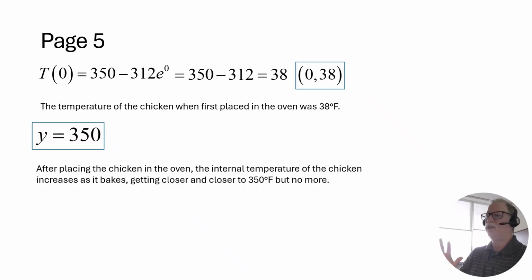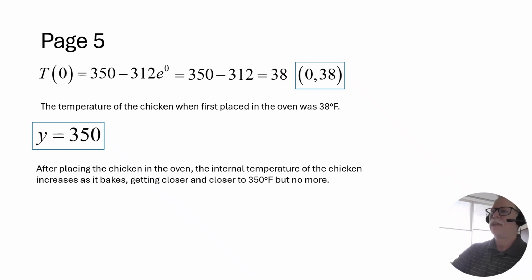Some students might use the phrase levels out at 350. Not technically max, because mathematically we never reach the horizontal asymptote. Now, if you've ever cooked something and you have a thermometer, the thermometer just says 350. It doesn't say 349 point a billion nines.